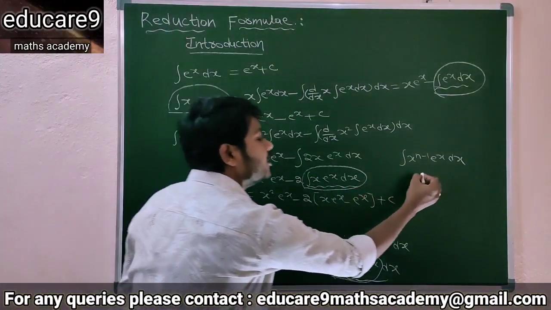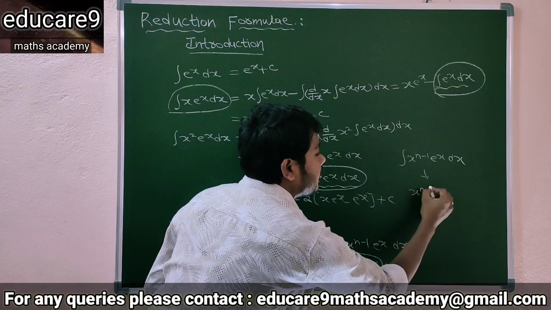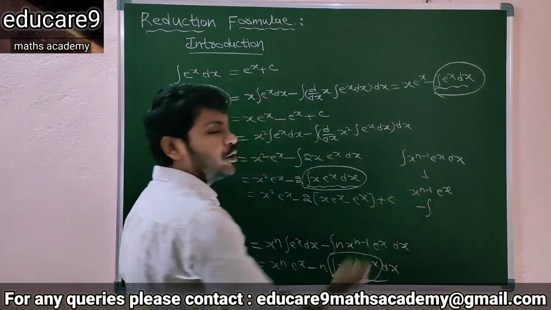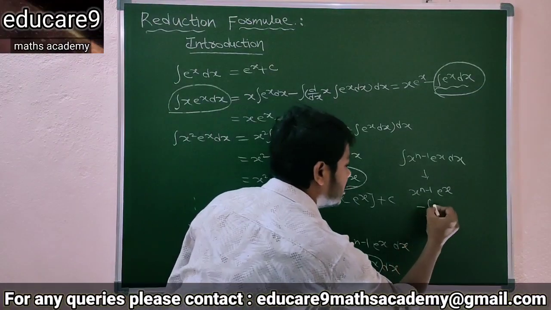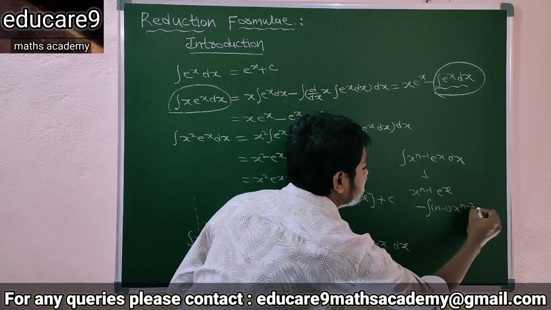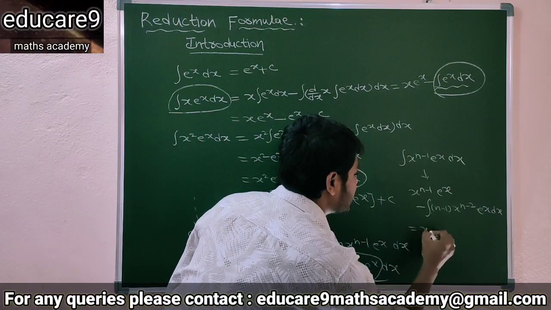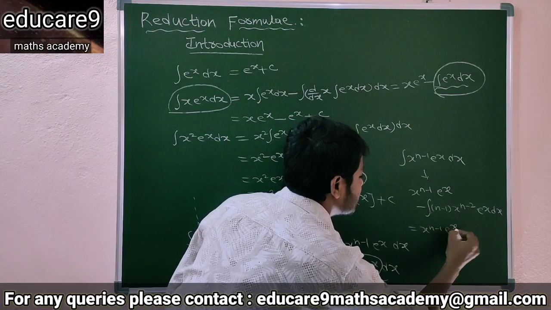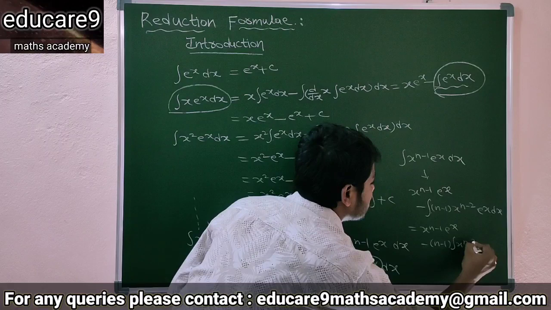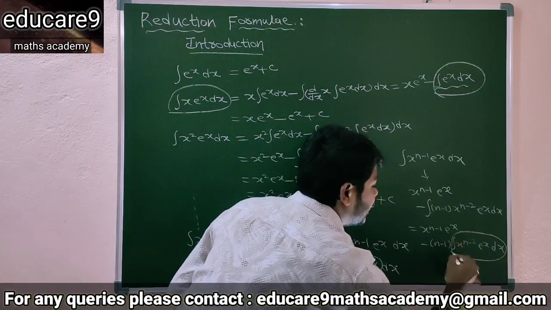In that you will get x to the power of n minus 1 e power x minus derivative of x to the power of n minus 1, that is n minus 1 into x to the power of n minus 2 e power x dx. So this is x to the power of n minus 1 e power x minus n minus 1 into x to the power of n minus 2 e power x dx. So again we have to integrate this one.